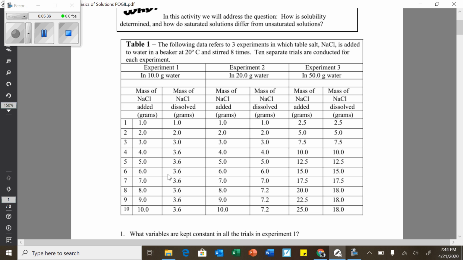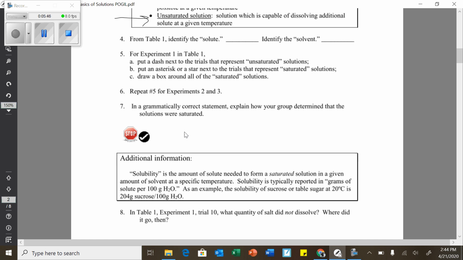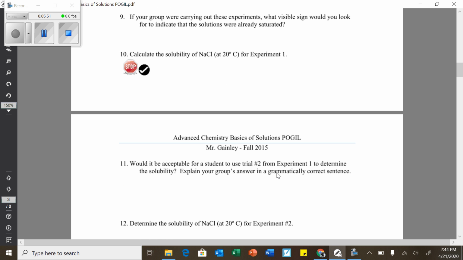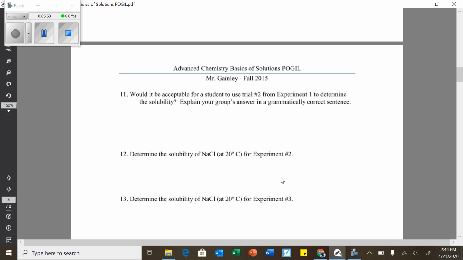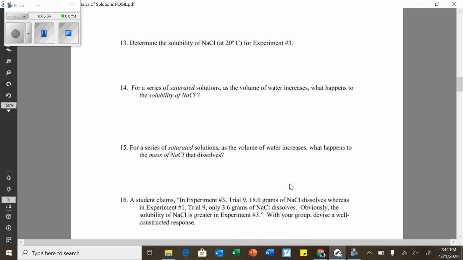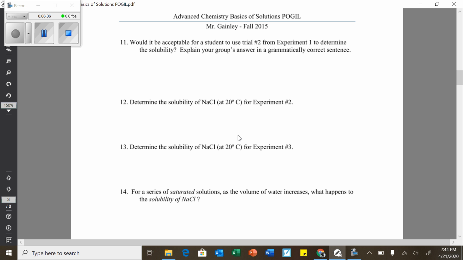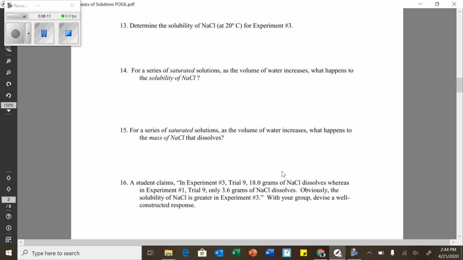And in each case, you're going to figure out what's the maximum amount of sodium chloride I got to dissolve in that water. From that, you ought to be able to figure out what the solubility of sodium chloride in water is. You're going to do that for each one of the experiments, and then take a look at how those things are related to each other. You're going to find there is a relationship between what got dissolved in experiment 1, experiment 2, and experiment 3.